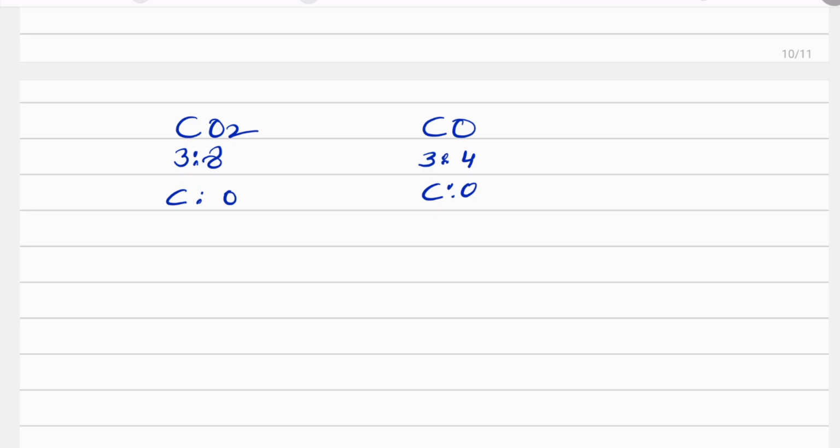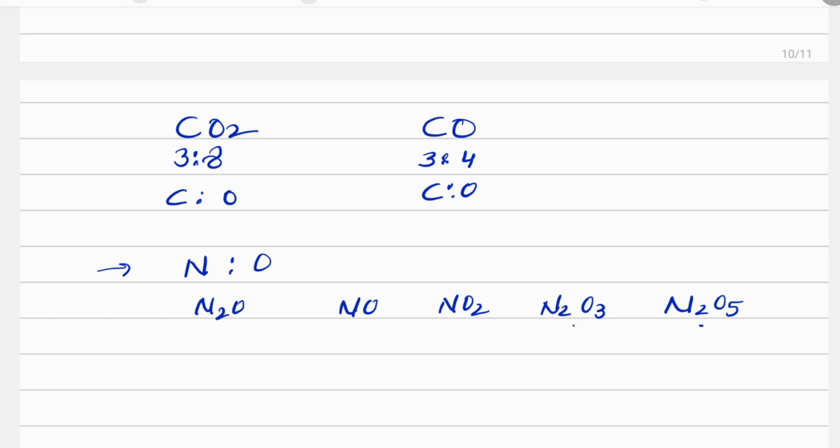There is a very good example of law of multiple proportion, that is compounds formed by nitrogen and oxygen. When nitrogen and oxygen combine, they form different compounds like N2O, nitrous oxide, which is also laughing gas, nitric oxide, nitrogen dioxide, N2O3, nitrogen trioxide, and N2O5, nitrogen pentoxide.